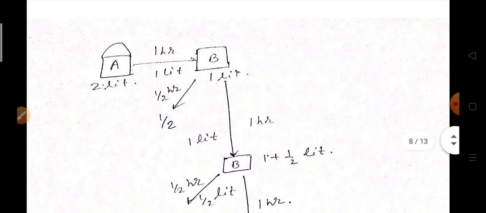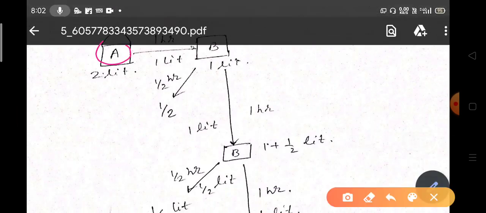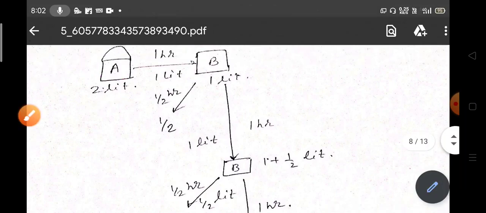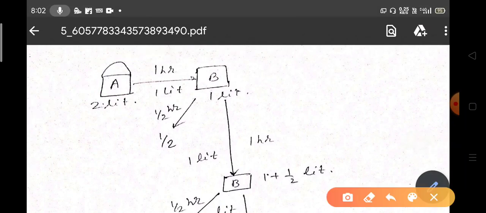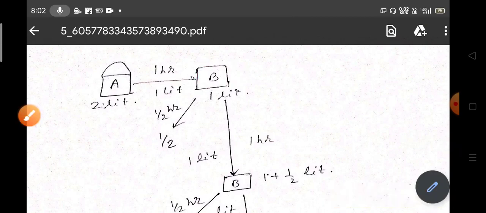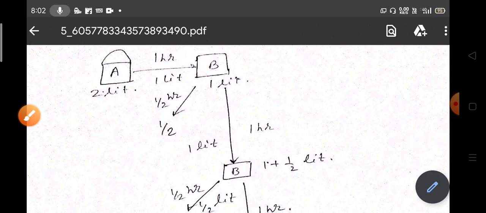So suppose this is our A bucket, so it has 2 liters full first and B doesn't contain any water. Now after 1 hour A will give 1 liter and the water inside B will be 1 liter in amount.